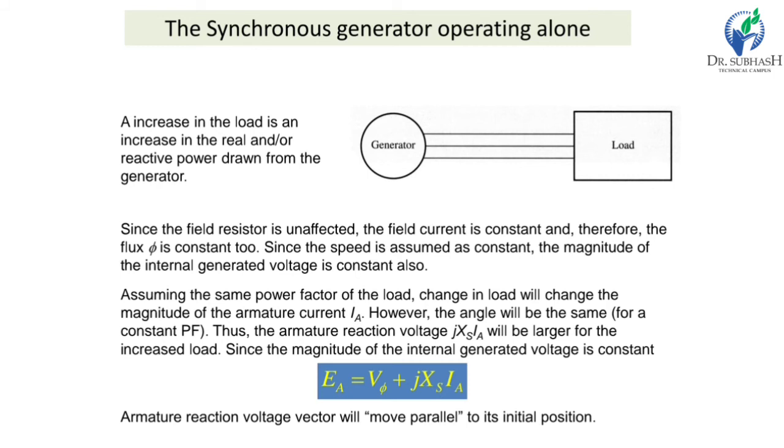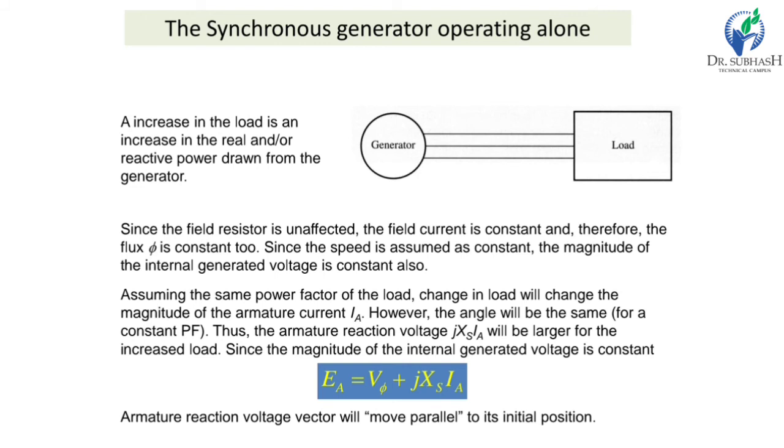Synchronous generator working on an inductive load: while the generator is connected with the inductive circuit, the power factor will be lagging. If we increase the amount of load connected, the power factor becomes smaller, and the armature current is also increased, but its angle phi with the terminal voltage has a similar value as before.